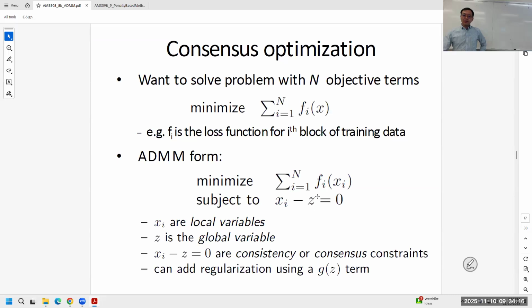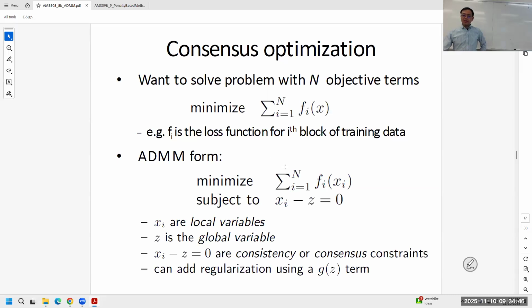With that, we make the target function separable into two sets of parameters by artificially including z as another set. Now with this, we can parallelize the computation, or the optimization, for the xi, which is the parameter for each segment of data.